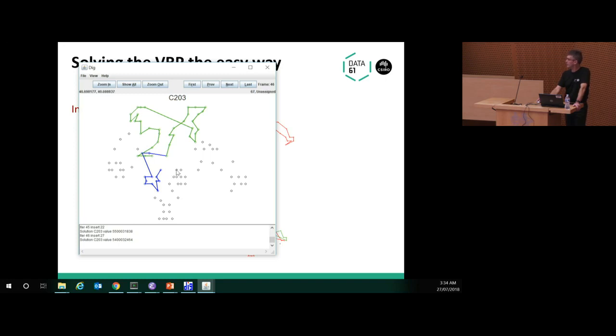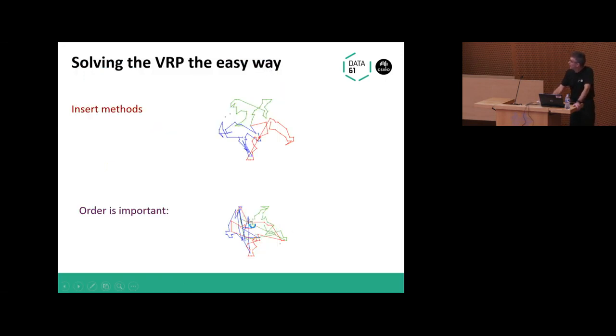It looks like that one should be closer, but it's because the time window constraint doesn't meet. And so you can see one at a time we add those in, and this is the route that we end up with using that method. And you can see that there's actually a couple of customers here that couldn't be feasibly inserted using that method. Okay, and order is important.